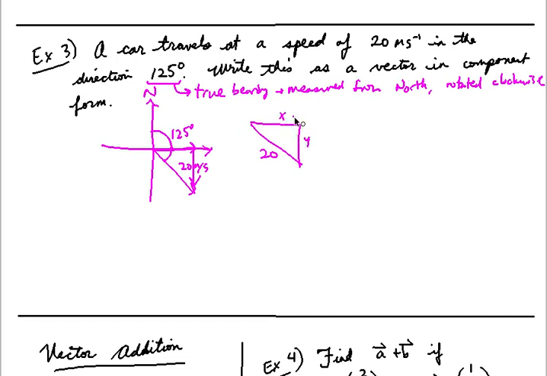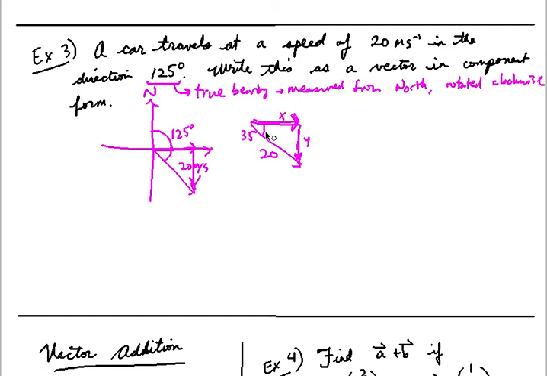And I need to find x and y. Right? And of course these will have directions since these are also vectors. Okay? Now, if this is 125, that would be 125 minus 90, this angle, so that would be 35. Okay, and so now we can just use our trigonometry to figure out what x and y would be.